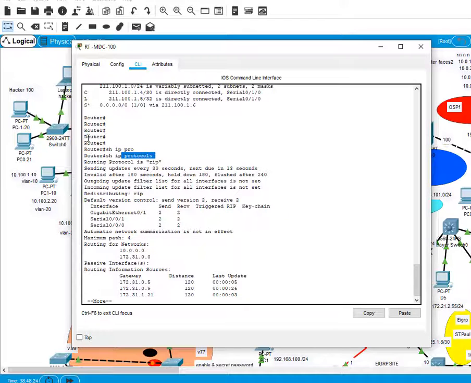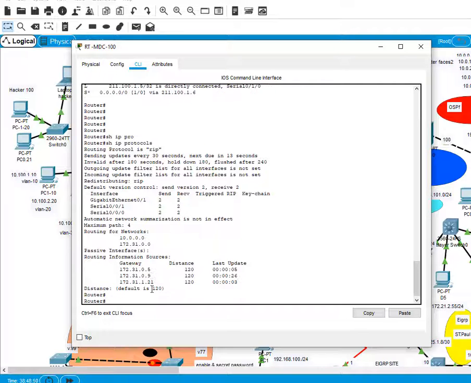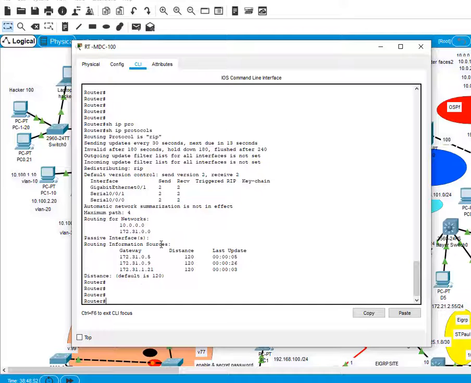Since it is enabled, if there were no dynamic routing protocol enabled, I wouldn't see anything here. But now I see this one is enabled. It has these serial links, the advertised network is this one, and the distance is 120. As you know, that's the biggest one. OSPF is 110, EIGRP is 90. So this one is the worst one. Those are the few things that I can learn.